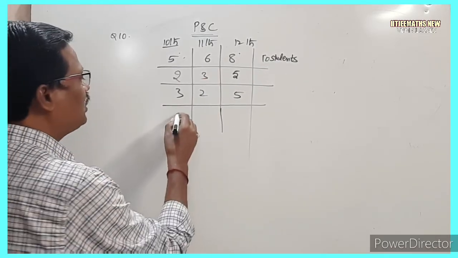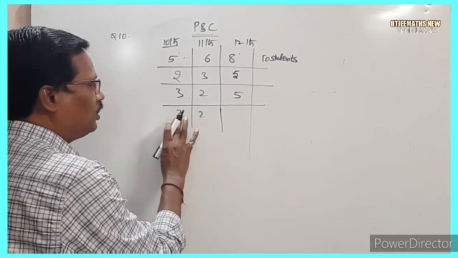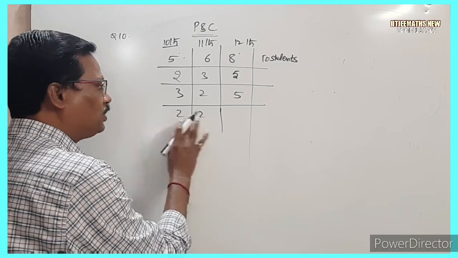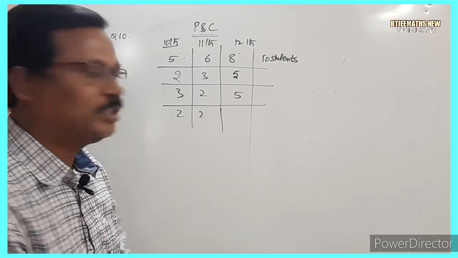The sum of the selected students from the 10th and 11th never exceeds 5. Maybe less than 5, but never exceeds 5.